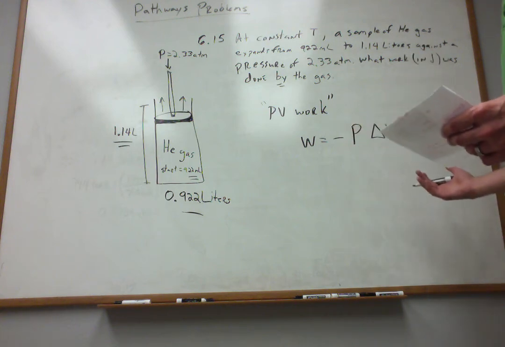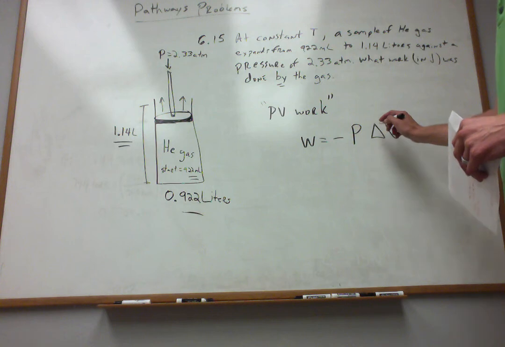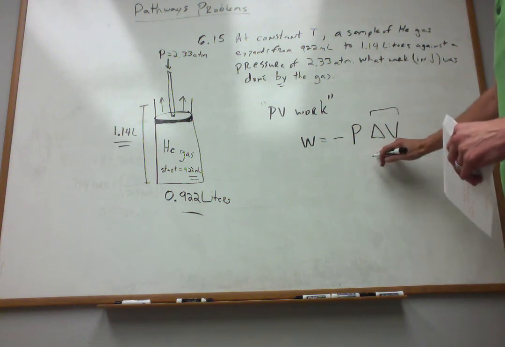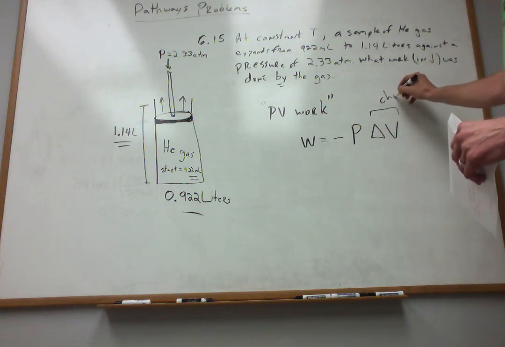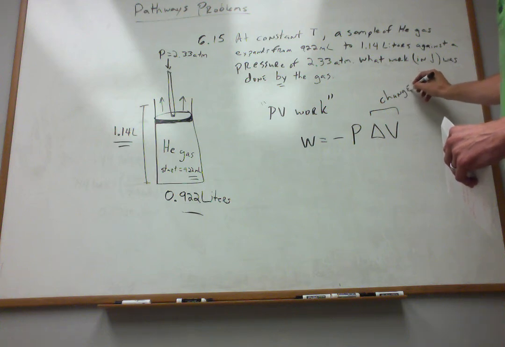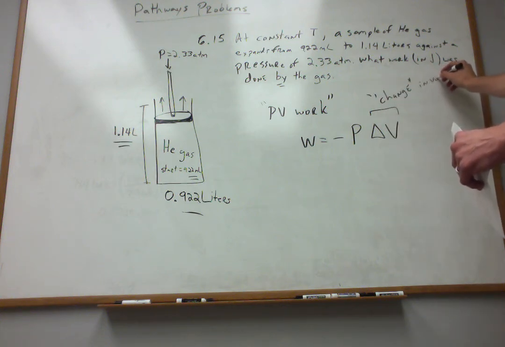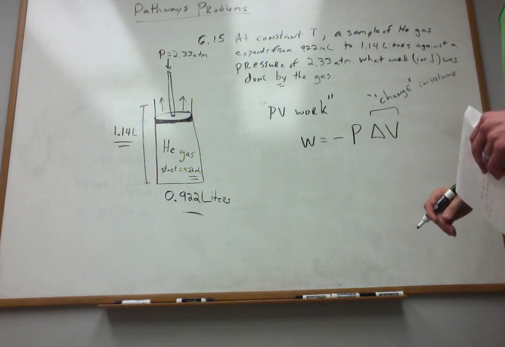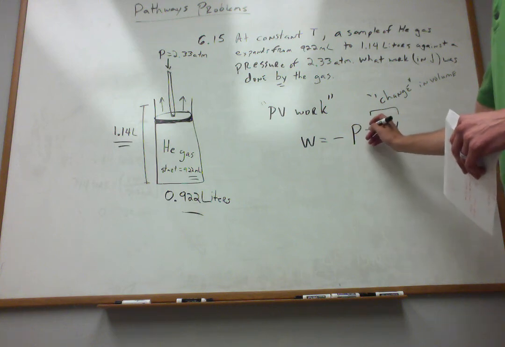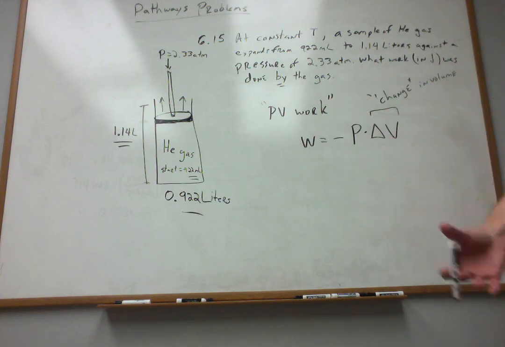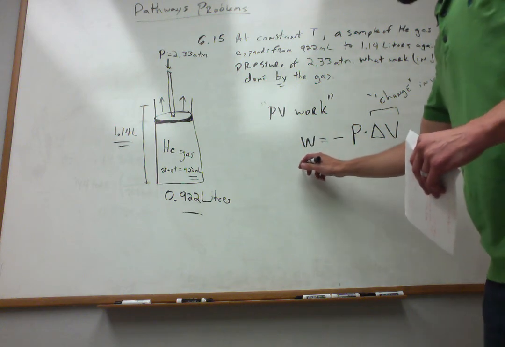Pressure and volume are the key variables here. Remember the triangle, delta, that denotes change in chemistry. So we're looking at the change in volume that occurs for a gas, multiplied by P, the pressure that the gas has to push against. So it's a pretty straightforward equation.